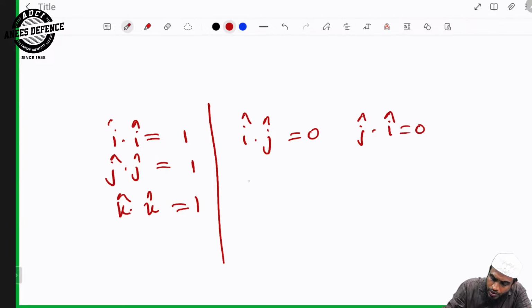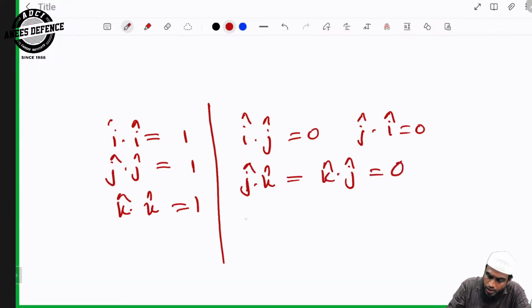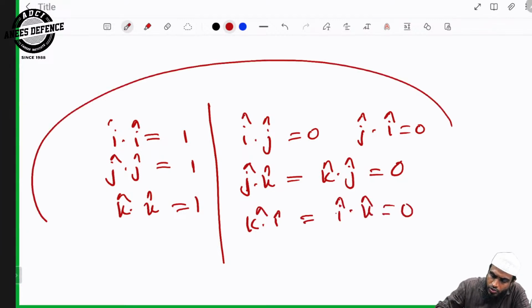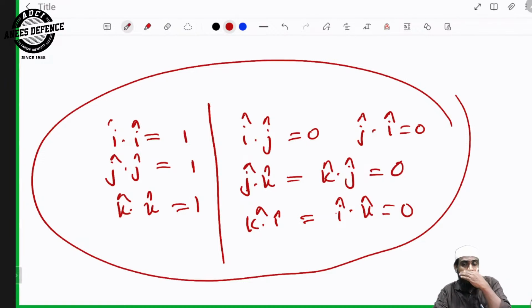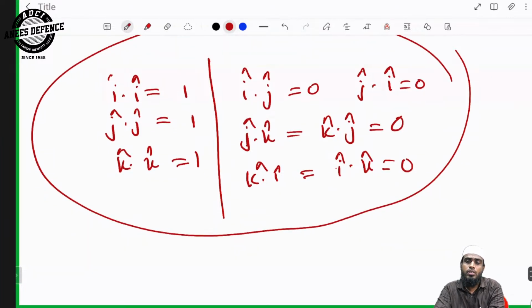Both are equal. Then j dot k equal to k dot j equal to 0. Similarly, k dot i equal to i dot k equal to 0. These are the important results regarding unit vectors i, j, k. Dot product is 0 when the angle is 90 degrees.